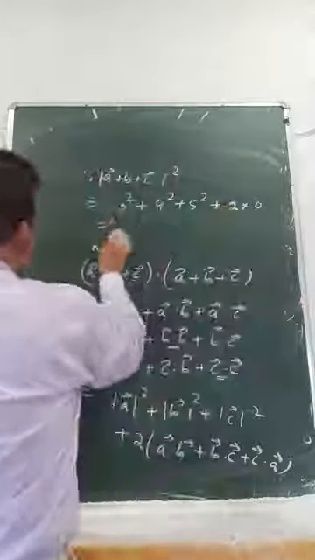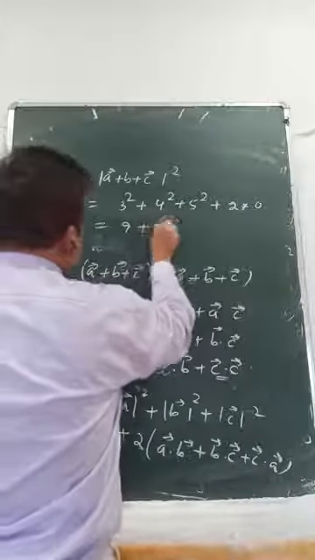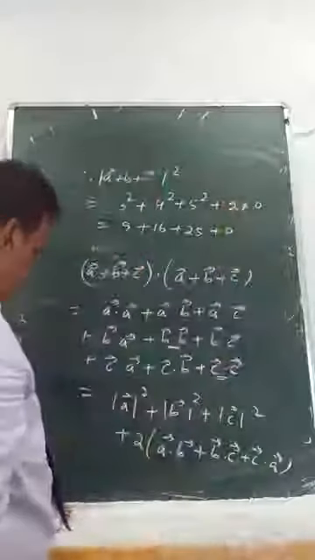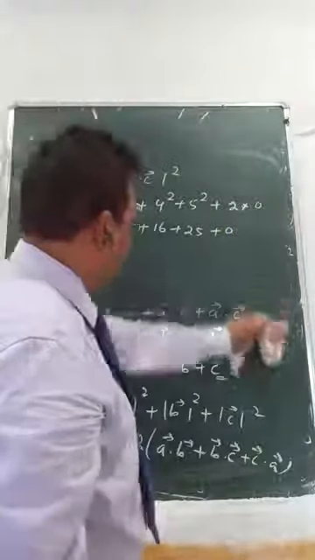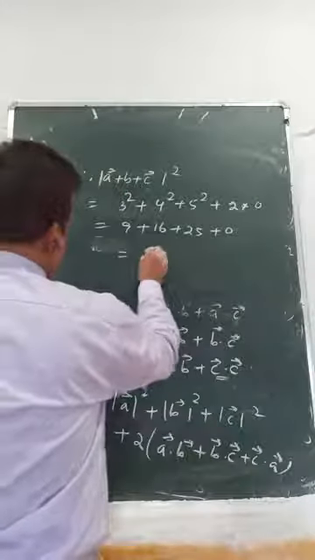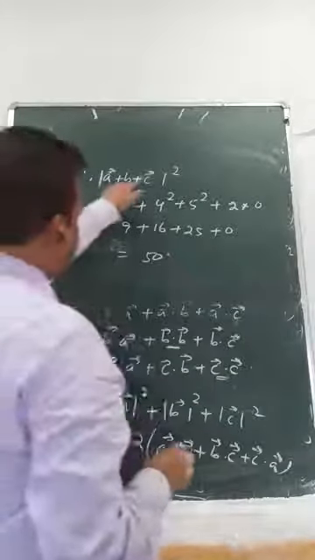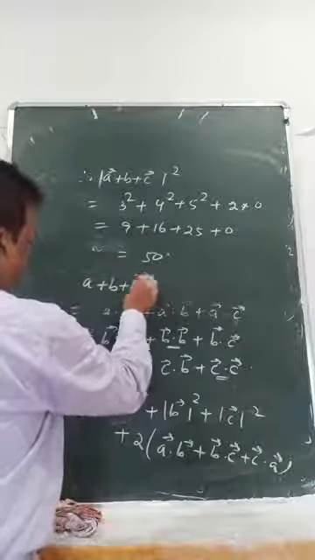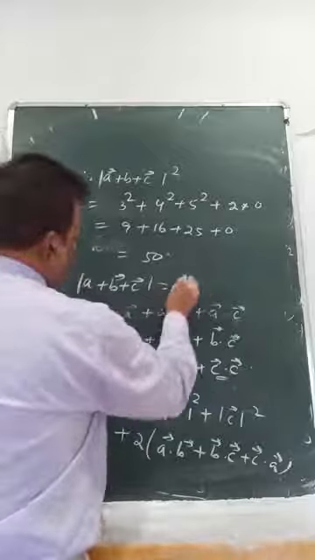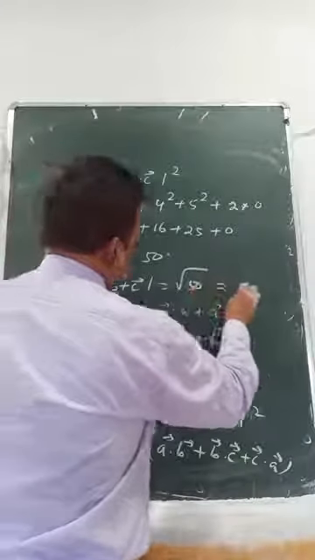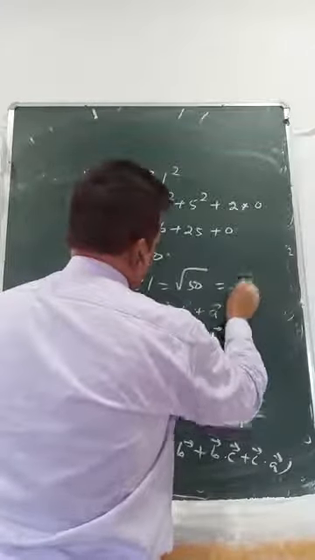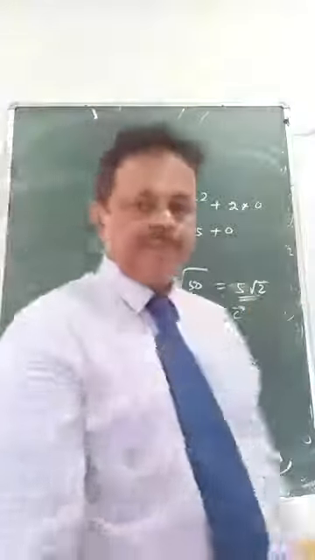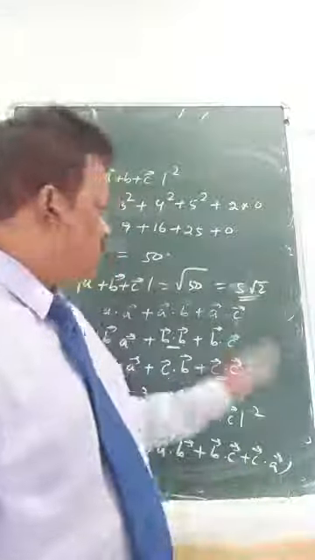So how much did you get? 9, 16, 25 plus 0, so 50. This value is 50. That means mod A plus B plus C equals root over 50, that is 5 root 2. Modulus has no unit. Okay, so we'll continue tomorrow again.